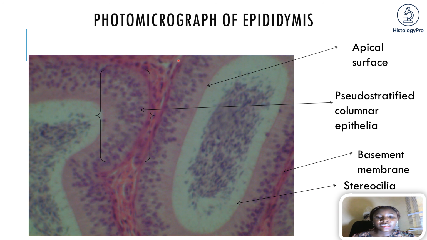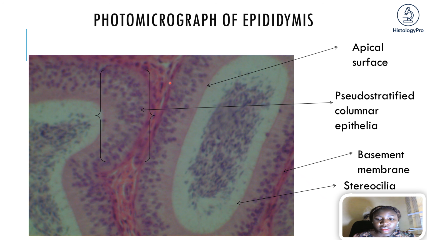Now let's see the photomicrograph of the non-ciliated pseudostratified epithelial tissue. Here we can see where this red point is pointing to.